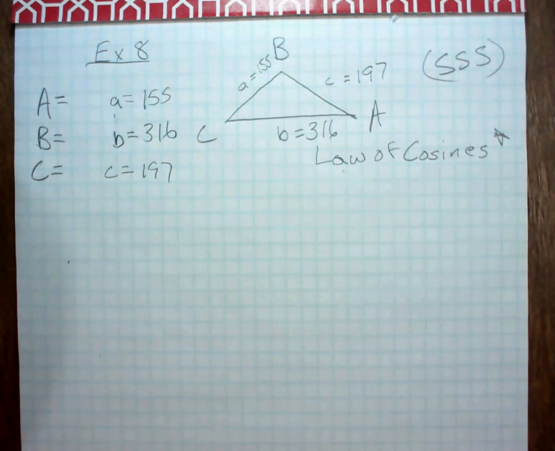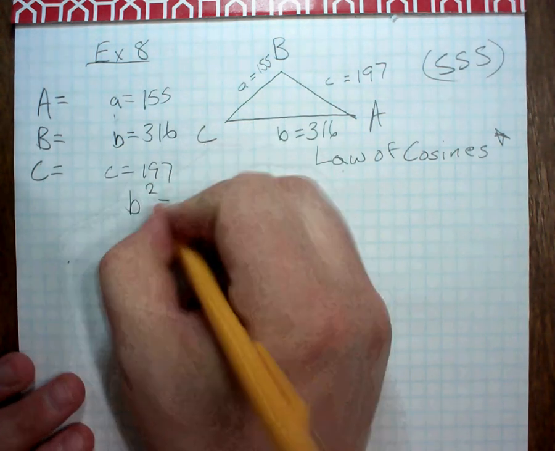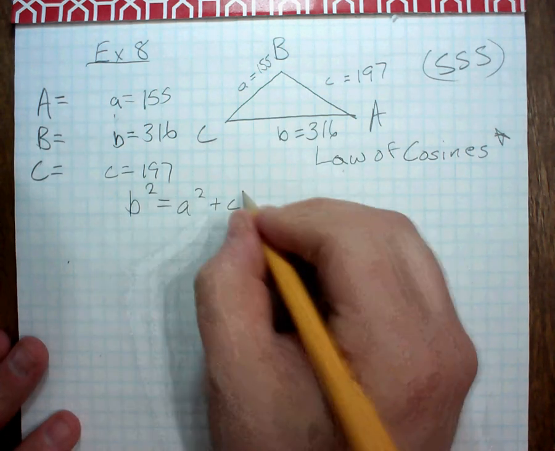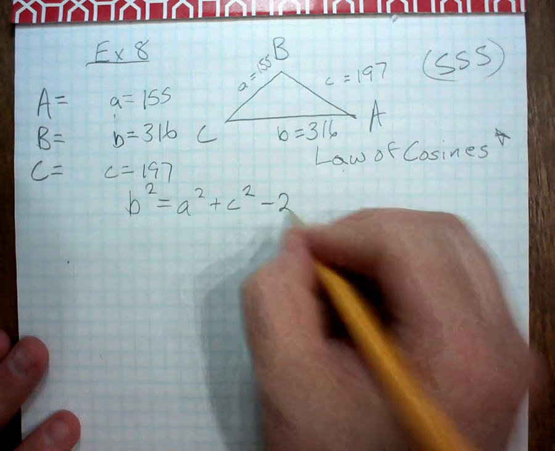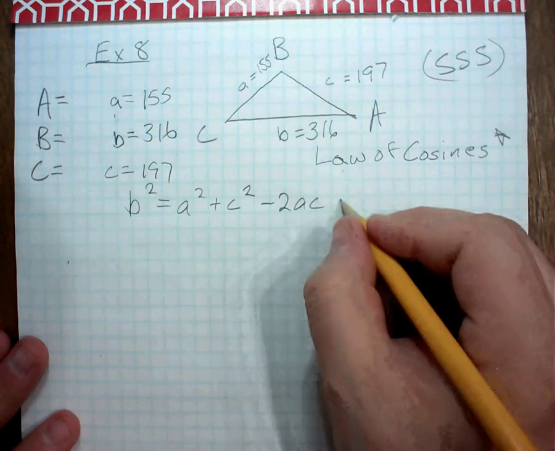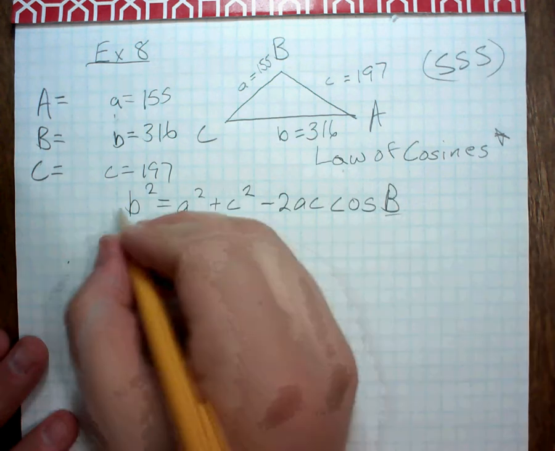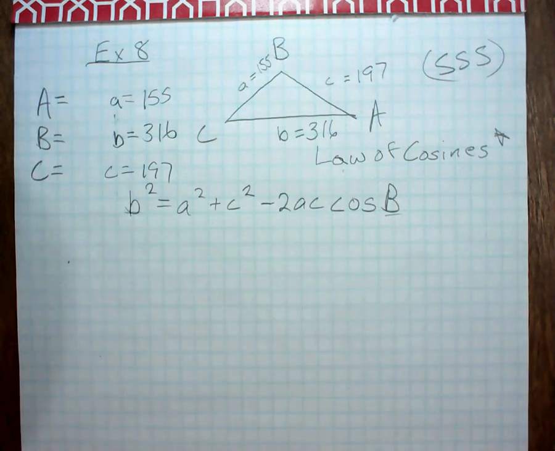Okay, so I'm just gonna crank through this. I'm gonna say b squared is equal to lowercase a squared plus lowercase c squared minus 2 times a times c times cosine of capital B. Okay, and now we're just going to plug and chug.